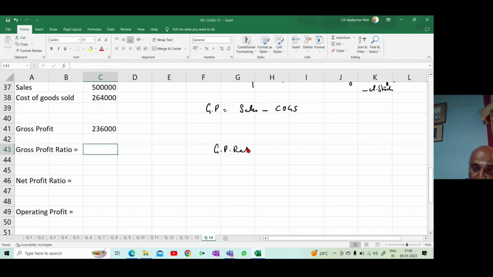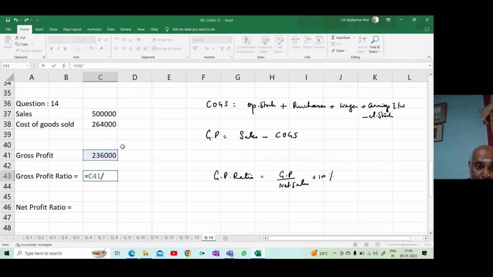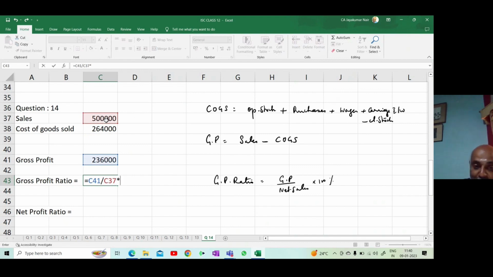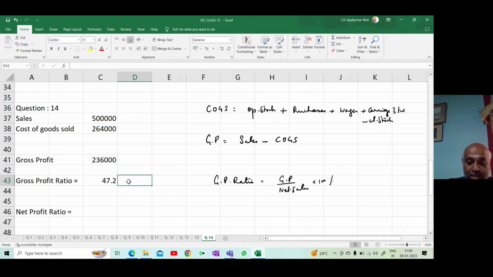Gross profit ratio is equal to gross profit over net sales into 100%. So 2,36,000 divided by your net sales, which is 5 lakhs, into 100 will give you the percentage. So 47.2% is your gross profit ratio.